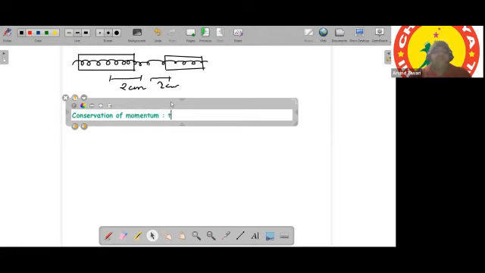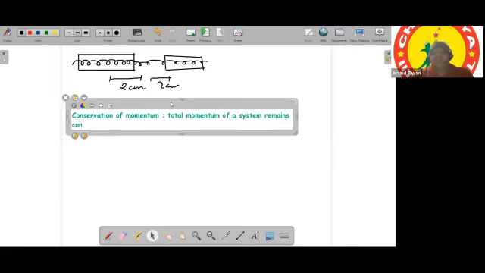It states that the total momentum of a system remains conserved if no external force acts on it.